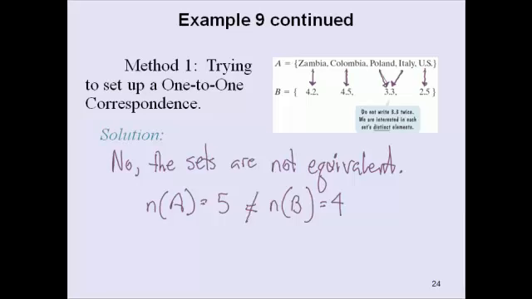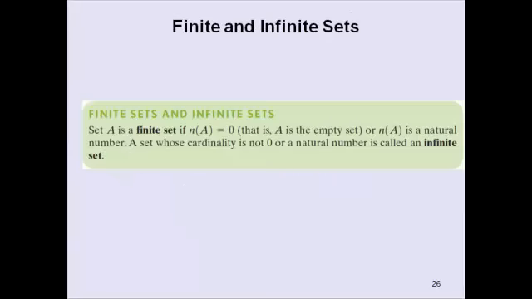All right. So finite sets and infinite sets. So we've already been talking mostly about finite sets, right? NBA players, presidents of the United States. And we've talked about infinite sets. The natural numbers are an infinite set.